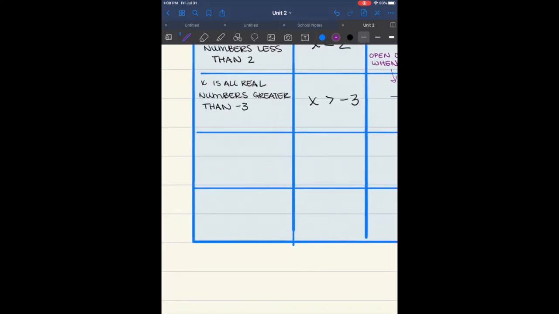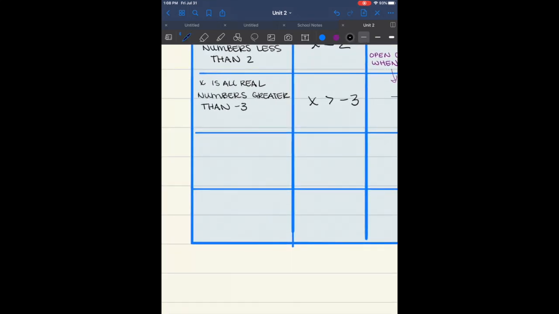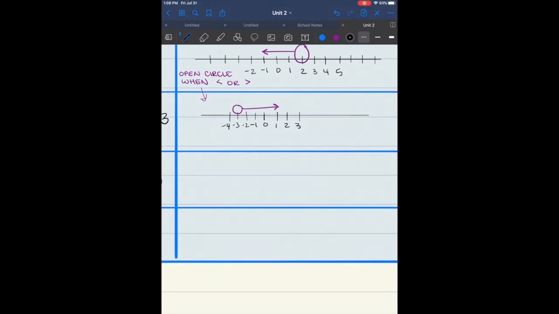The next one says x is all real numbers less than or equal to 0. So we write that with Pac-Man eating 0 and a line underneath it to signify that it can be equal to 0.